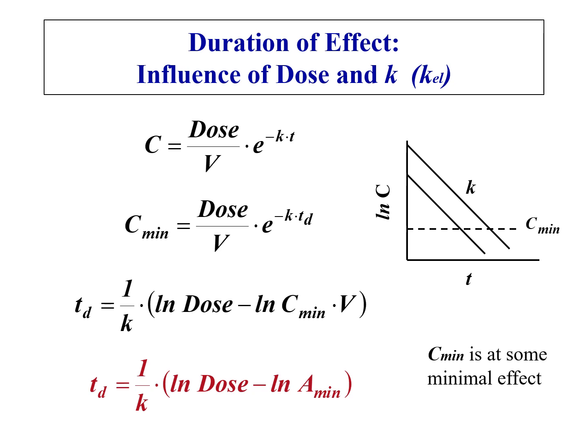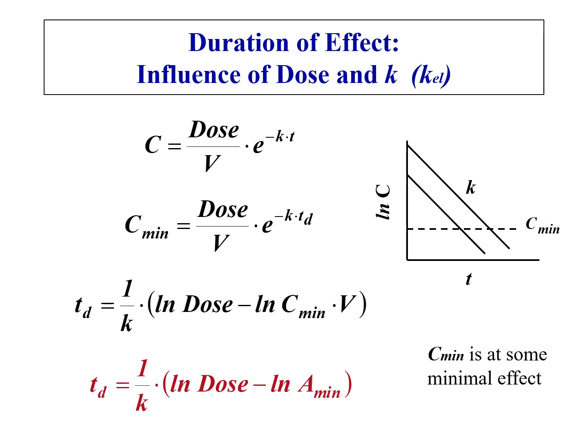Levy further identified the importance of and determinants of dose and elimination constant. So he provided a derivation that gave us an equation for duration of response. So look at the graph. It shows log of concentration versus time.